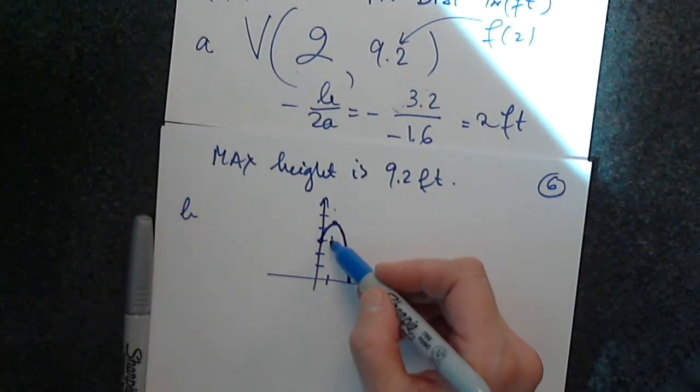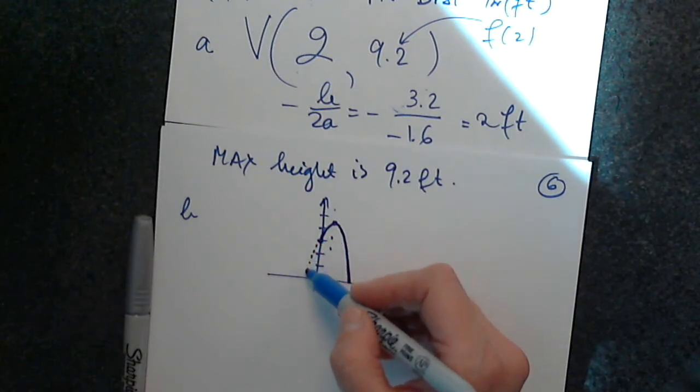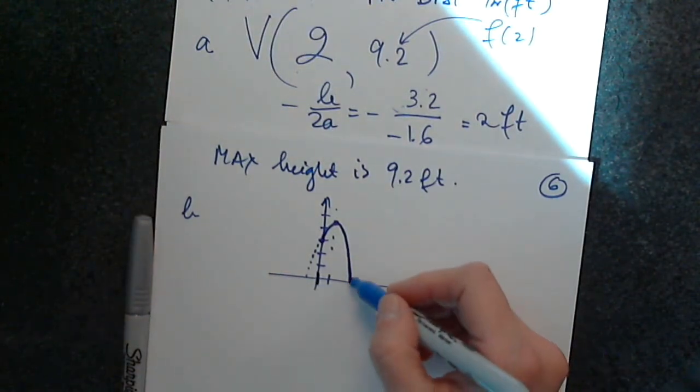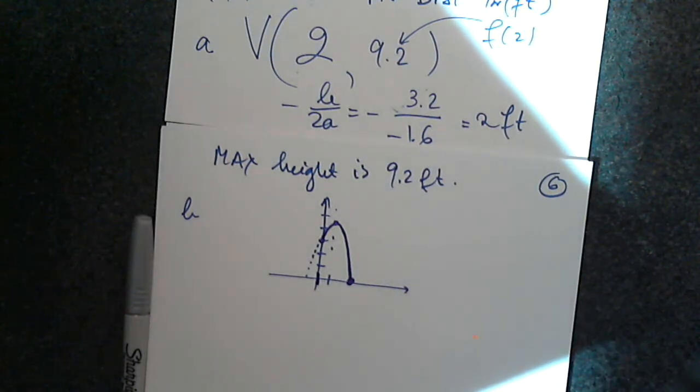Of course, this will be the axis of symmetry, and I don't care what happens behind me. Sorry about that. So I'm throwing it up in the air. I'm not standing 6 feet tall, but I'm here throwing it up. 2 feet away from me, it reaches the maximum of 9.2, and then eventually hits the ground. We want to determine how far away from where I'm standing it hits the ground. What am I asked to determine this time?